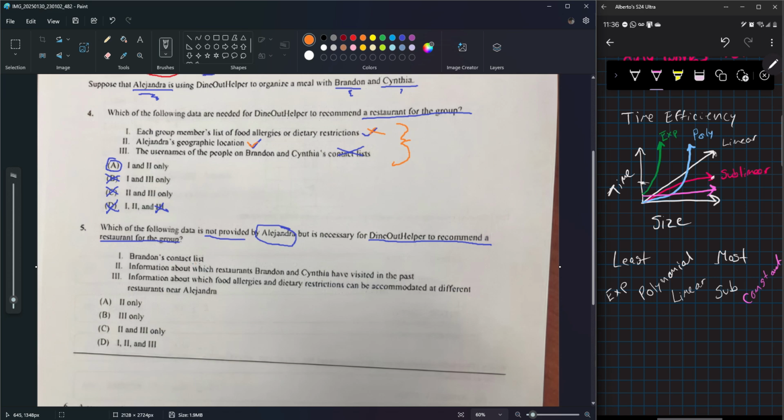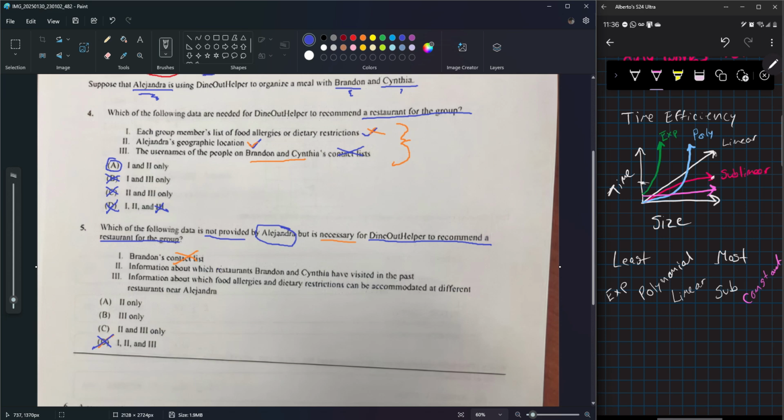So let's look at these. Brandon's contact list. Is Brandon's contact list necessary for recommending a restaurant? Like we said right here, their contact lists are irrelevant. So this one's no. So any answer with 1 is not the answer. So no.